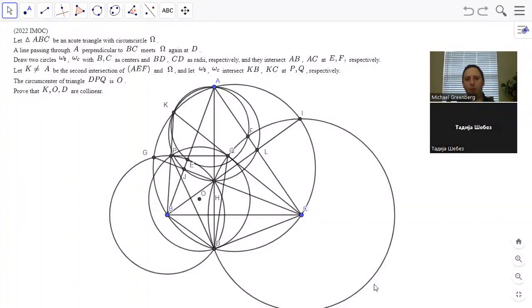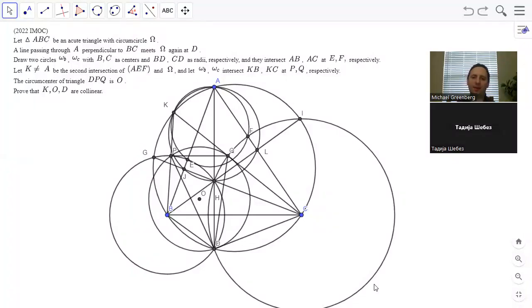So, we know that DO and DH are isogonal. We want to show DK and DH are isogonal. I think that's what you were saying, right? Yeah. Also, we can handle the angle QDH. It is just half of angle QCH.